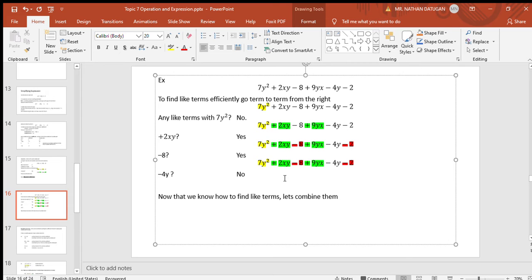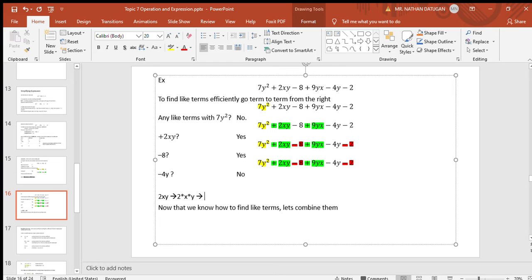So some of you might notice that 2xy and 9yx don't look alike. That might confuse you, so let's write that one down. 2xy is basically 2 times x times y, right? And by the commutative property of multiplication, we can switch the position of y and x, right?